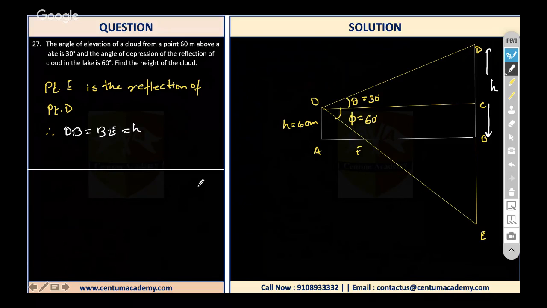Okay, now in triangle ODC, again you'll use tan theta. So tan 30 is nothing but DC upon OC. DC is the height, that is perpendicular upon base, or opposite upon adjacent. Let me also mention this as X for ease. Sorry, I have taken two h's together.